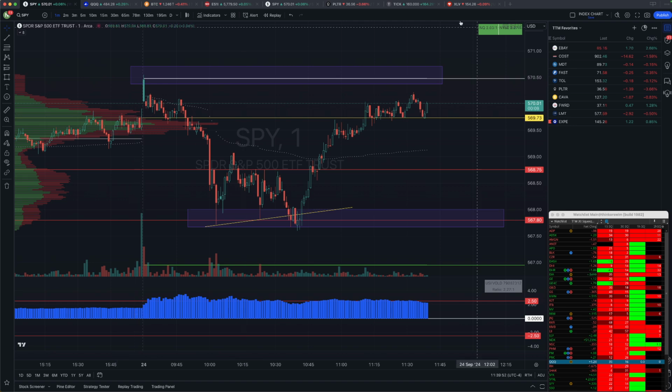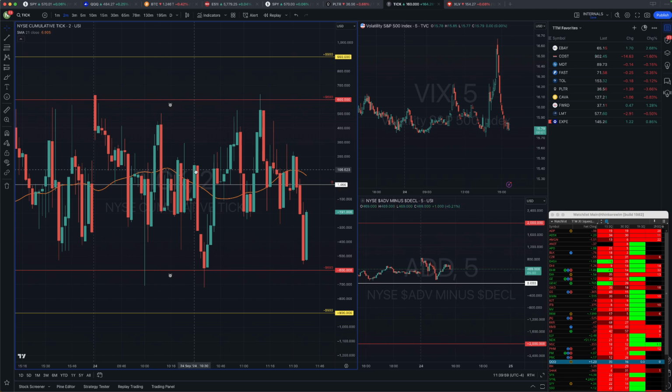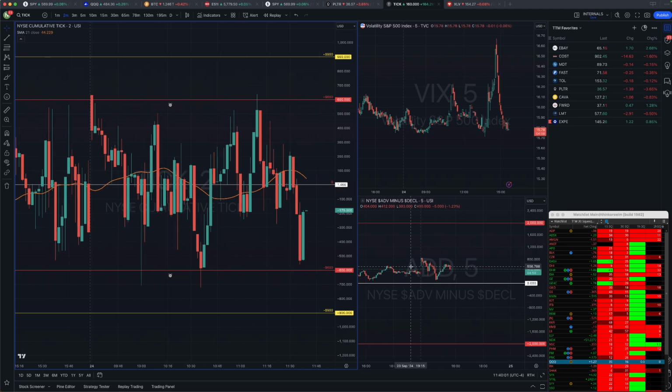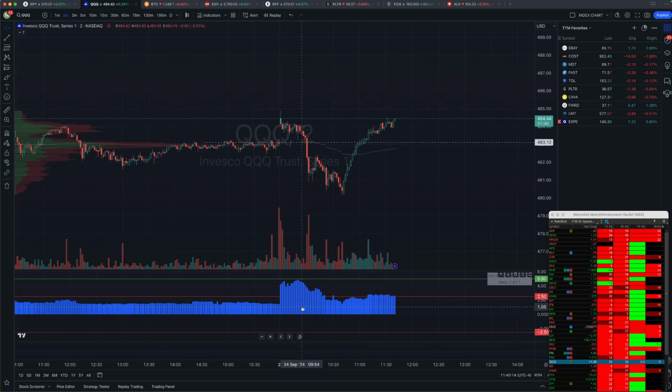So these internals are basically just giving us kind of the heartbeat of the market, what's happening in real time. The ticks are going to move the fastest. The ADD is the second fastest, and the VOLD is actually the slowest of the three. But you can start to see what's happening.